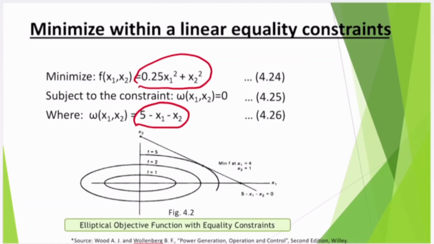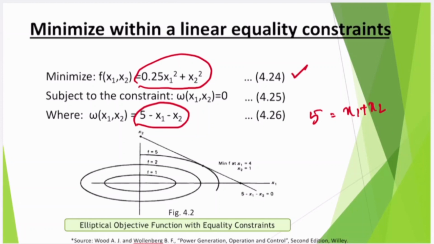Means if I rewrite it, this is nothing but 5 equal to x1 plus x2. So the condition is that you optimize the original equation 4.24 subject to x1 plus x2 always being 5. So it could be 4 plus 1, 3 plus 2, 2 plus 3, or 5 plus 0. Any option is available.